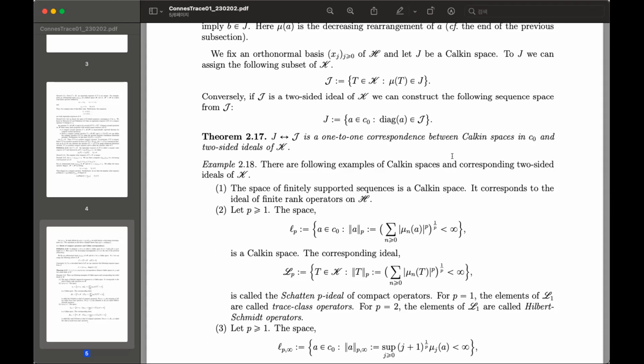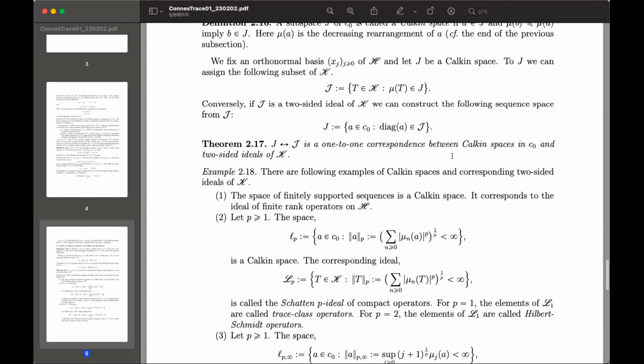To extract a numerical invariant from the spectrum, the eigenvalue sequence or the singular value sequence of the given linear operator, one should have a certain kind of summability condition, or at least a certain decaying condition, to guarantee the well-definedness of the numerical invariant, the linear functional extracting the numerical invariant from the singular value sequence or eigenvalue sequence of the given linear operator.